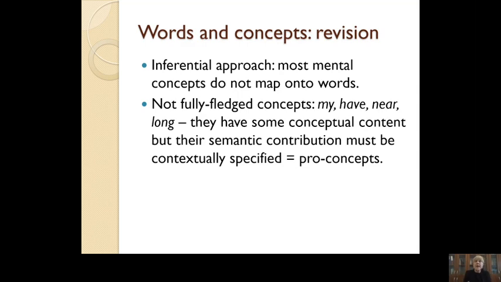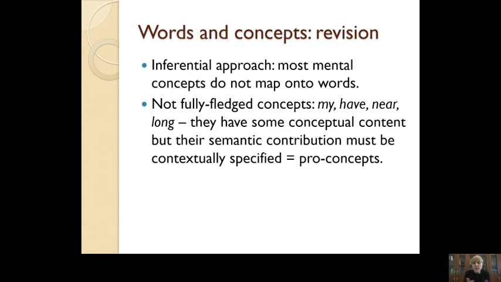Now we can go back to the relationship between words we have at our disposal and concepts that occur in our mind. So most concepts do not map onto words. There are far more concepts than words. Now let's start from concepts that are not fully fledged. That is, certain words that are not fully fledged, such as my, have, near, long.